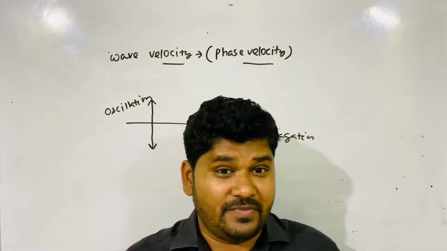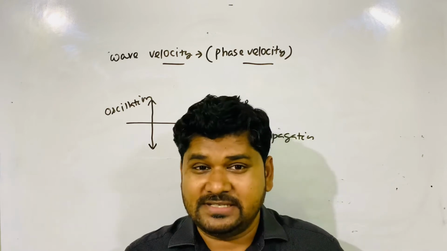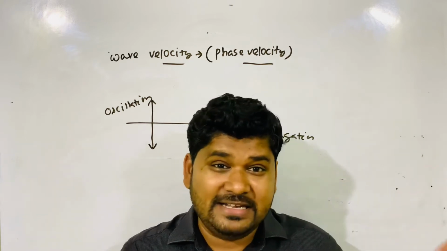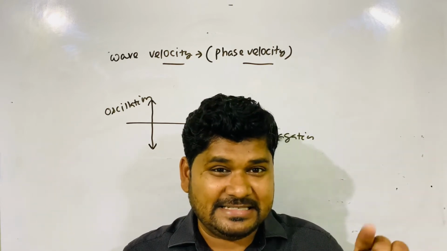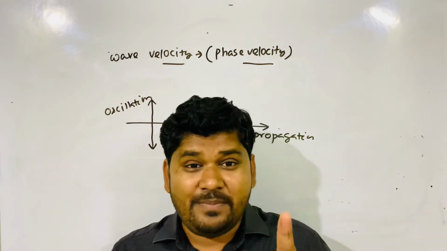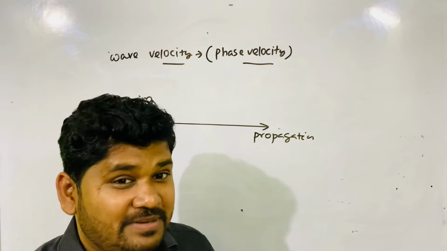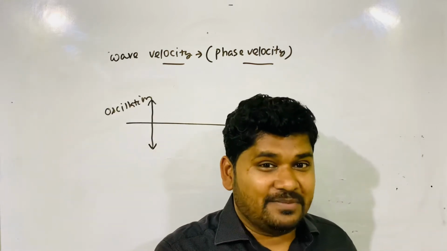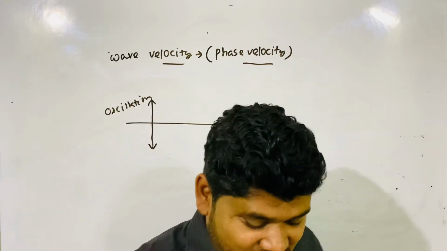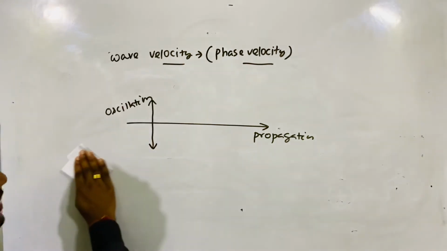Particle velocity varies, increases and decreases, but wave velocity always remains constant as long as the wave is in a particular medium. Okay.